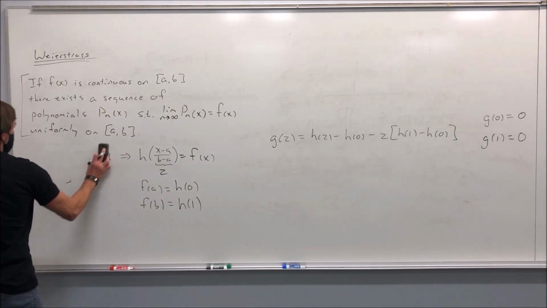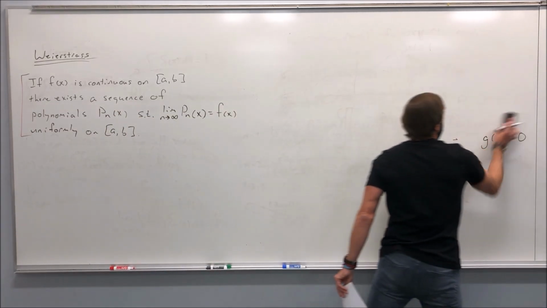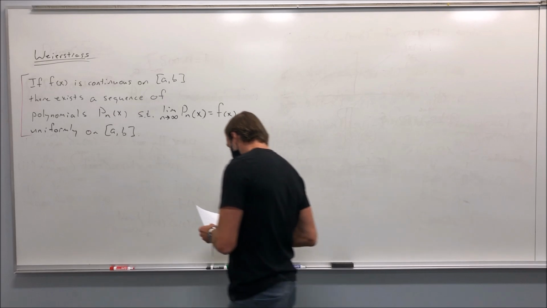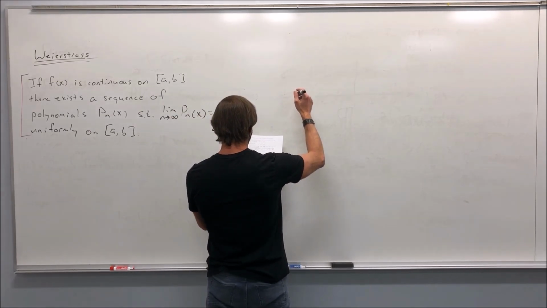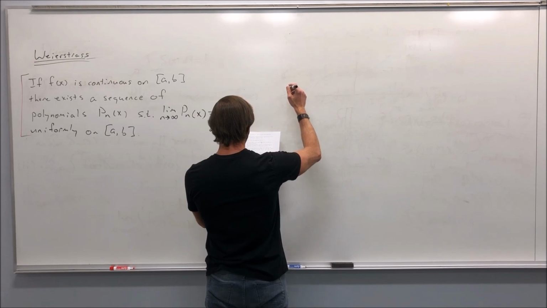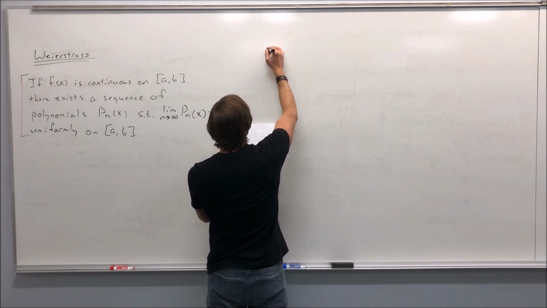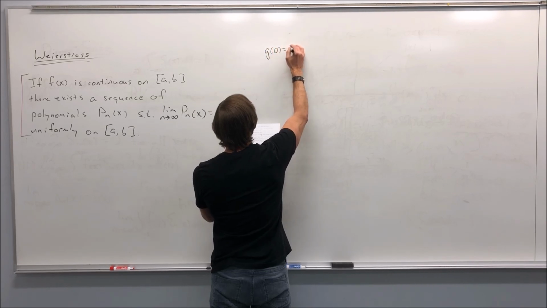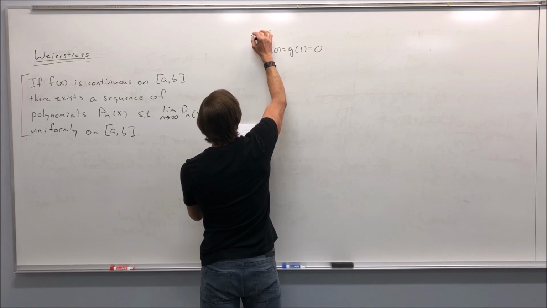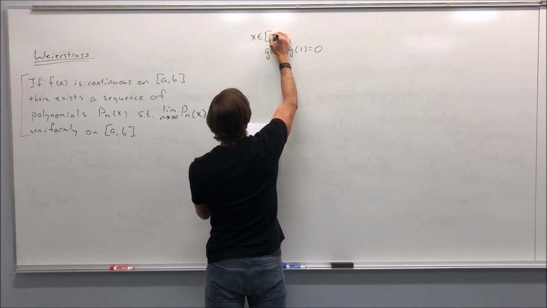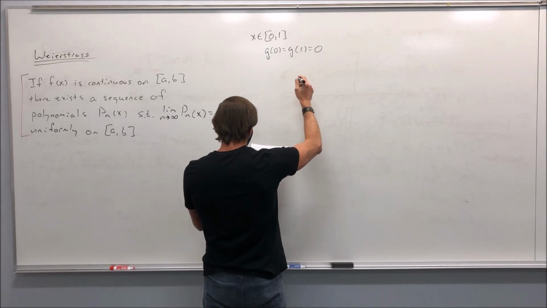Okay, so with that in mind, we're going to have g of 0 equals g of 1 equals 0, and we're on the interval from 0 to 1.